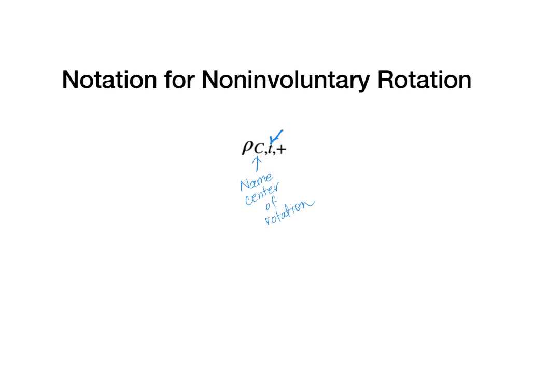T is the angle measure at which it's rotating. And this is the circular orientation.